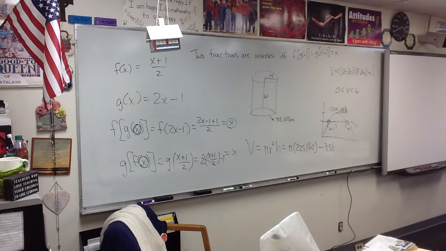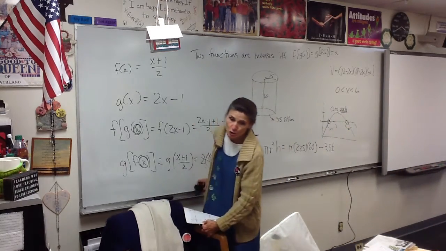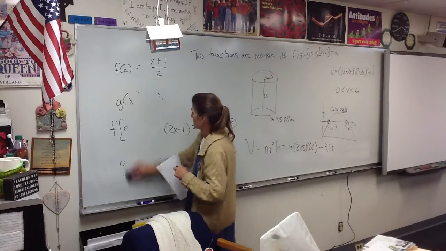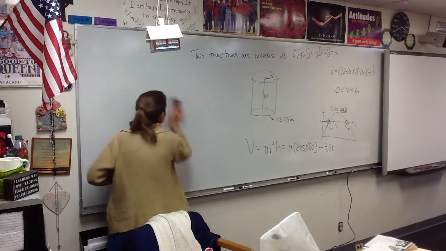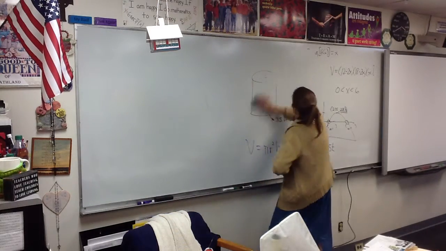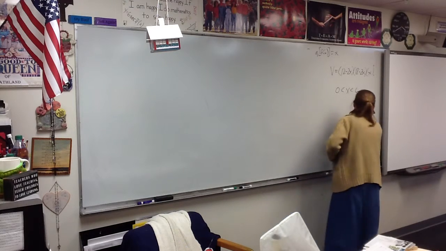All right. So I need to look at the original because those numbers are going to modify the original. So let's get our original picture up here, and see what changes we're going to make.